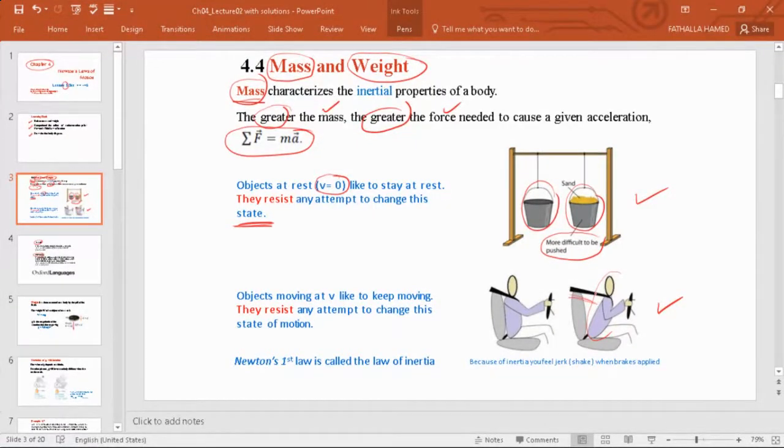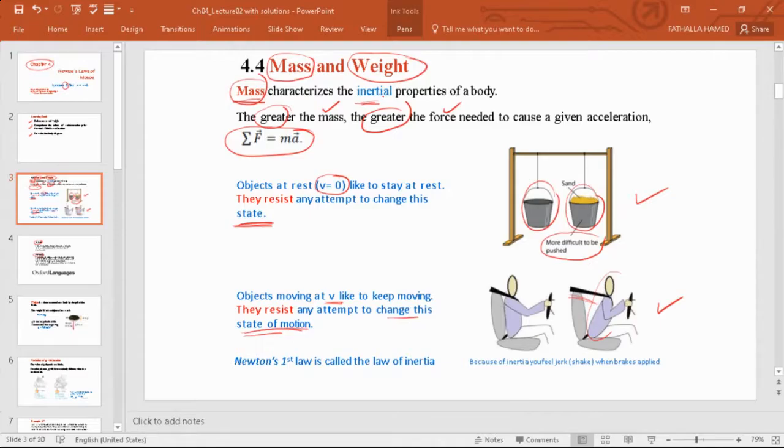Why is that? A moving object at constant speed likes to keep moving. So they're going to resist any attempt to change the state of motion. And that's why they react. And this is the meaning of inertia.